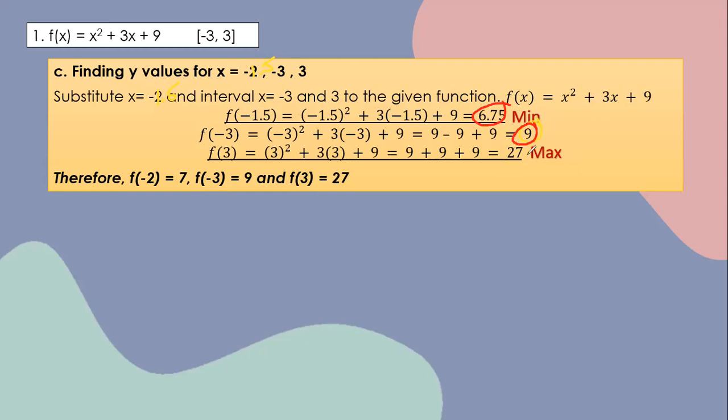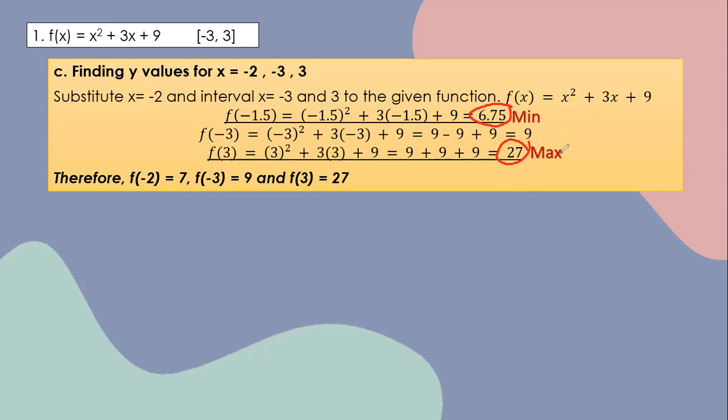F of 3, the answer is 27. And then, i-identify daw natin kung ano yung pinakamaliit na value and then pinakamalaking value. Okay? Sa ating example, ang pinakamaliit nung nakuha natin yung value ng f of negative 1.5. That is 6.75. Ang pinakamalaki or the maximum is 27.